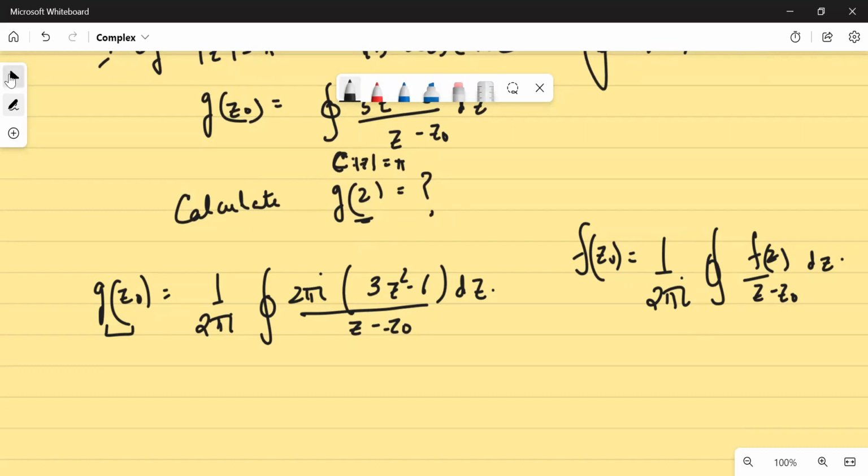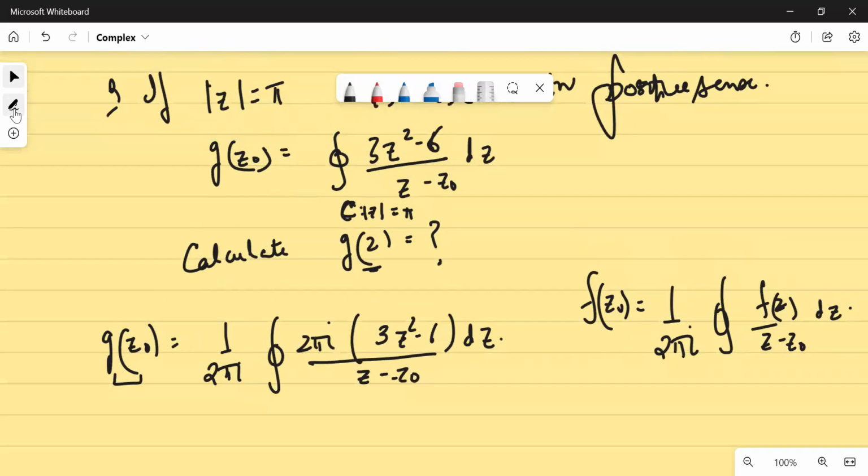See, for example, you understand the pattern. Compare it: here it is f(z naught), and inside there was f(z). But there was some 1 upon 2 pi iota also. So what I'm doing is writing g(z naught) as some integration, then writing it with 1 upon 2 pi iota and multiplying it with 1 upon 2 pi iota.